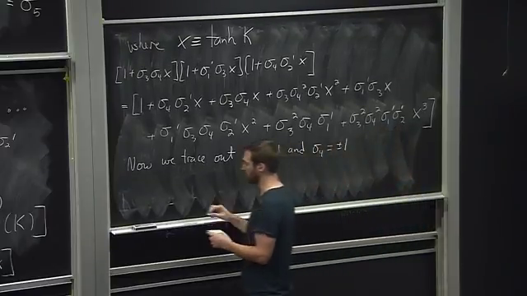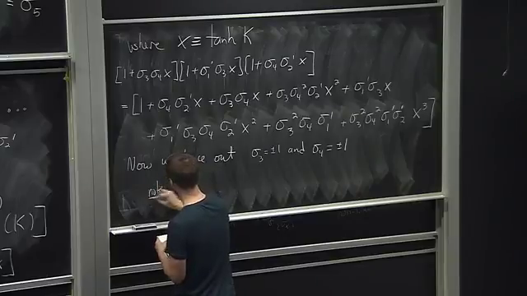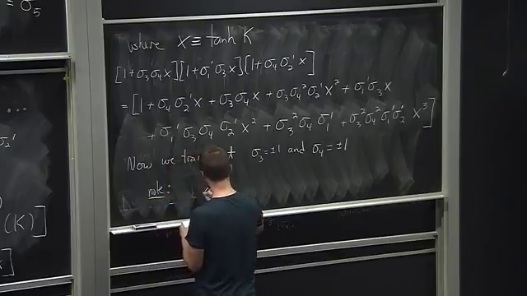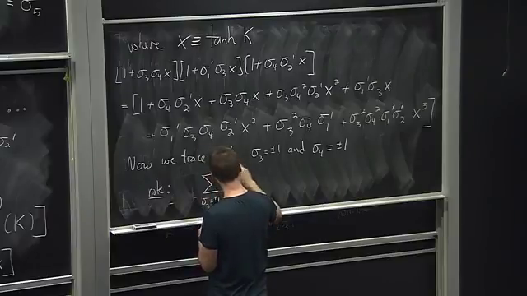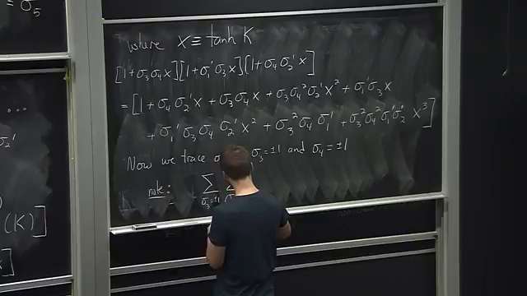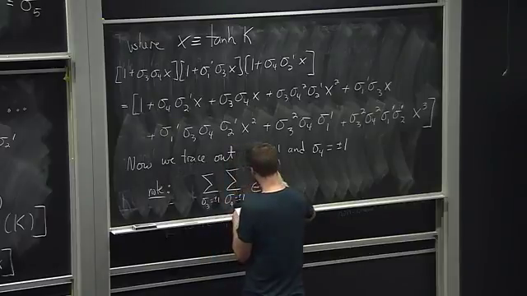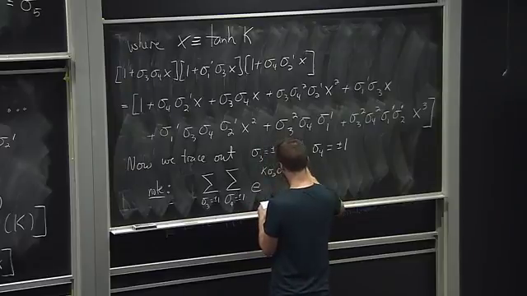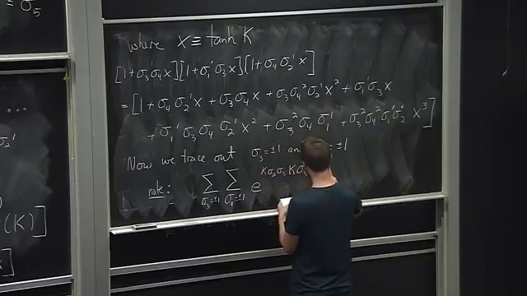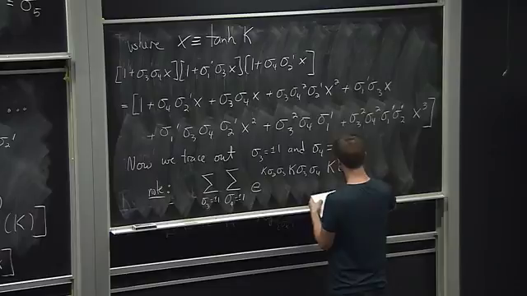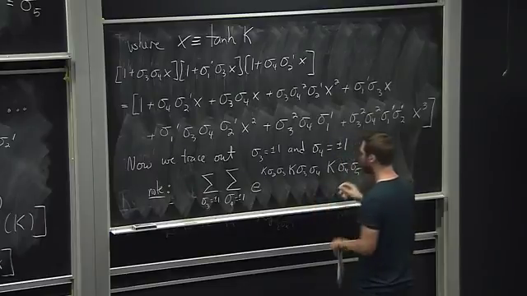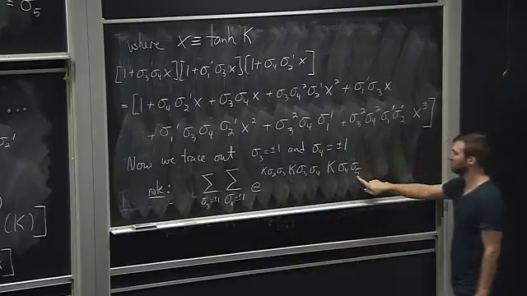So just note what I'm doing. It's a sum over sigma 3 equals plus minus 1, and another sum over sigma 4 equals plus minus 1, and this is the original term, and all I've done is relabel 2 and 5.